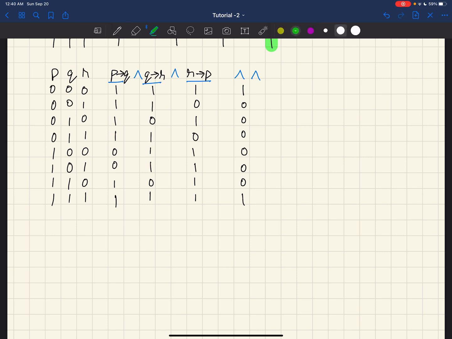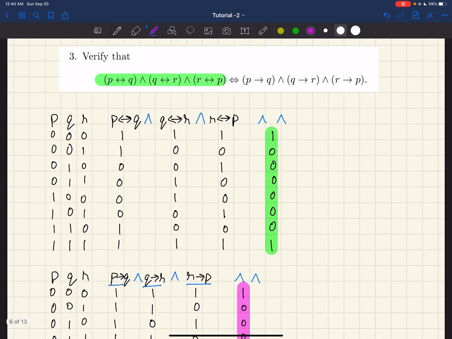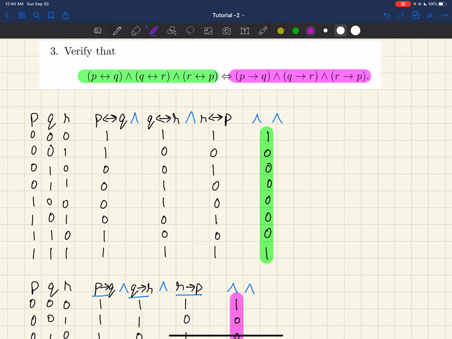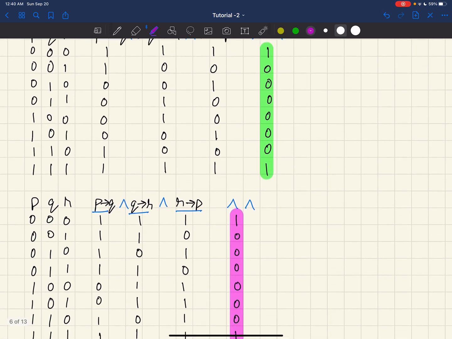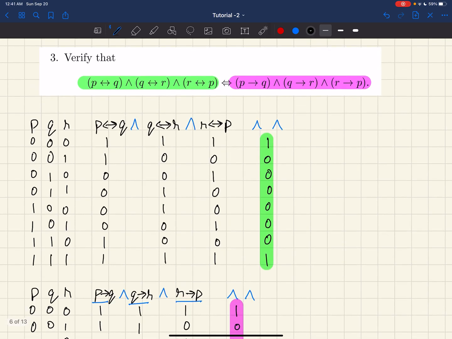So this is the result of this, and as you can see, both of these are the same, hence the above two statements are logically equivalent.